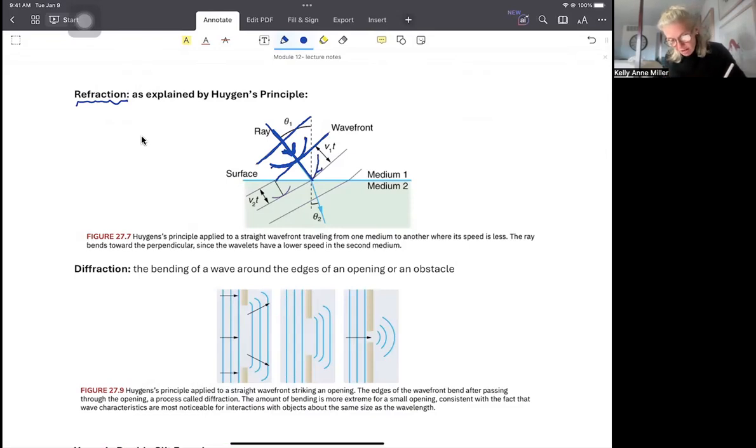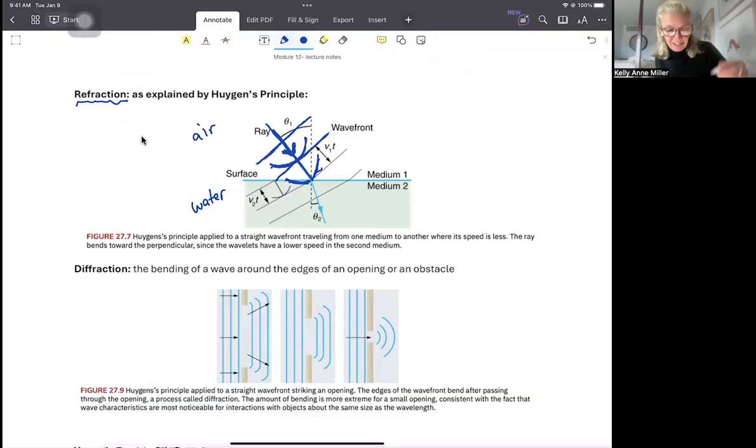But look what happens when it hits the medium. This part of the wavelet is no longer going to be traveling at the same v as this part of the wavelet. Because the light is coming in at an angle, let's say this is air and this is water, it's hitting the air-water interface at an angle, and so part of the wavelet is slowing down before the other part.